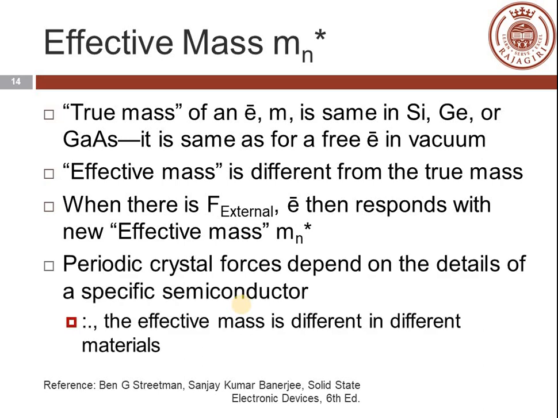Different materials have different lattice structures, and based on these, the periodic crystal forces will vary, and these depend on the details of a specific semiconductor. Therefore the effective mass is different in different materials.